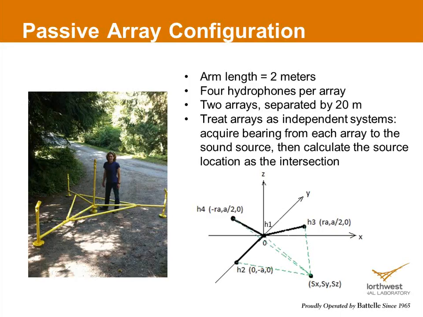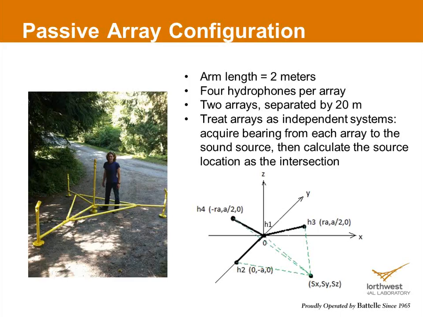The passive array configuration that we've designed uses two what are called star arrays. As you can see in the picture to the left, the arm length on this array is about 2 meters. The hydrophones would be located in the holders on the risers that you see at the ends of the array, and then one there in the middle at the center, the origin.